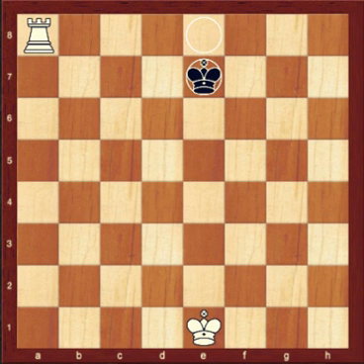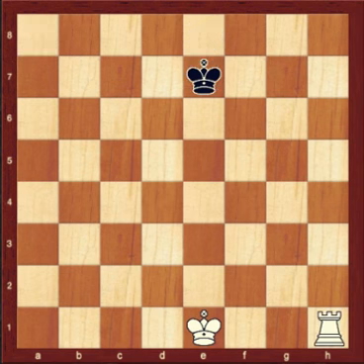Again, they don't have to be consecutive. It could be on move 50, move 60, and move 70 of the game. If the board setup is the same 3 times, it's draw by threefold repetition. The final type of draw that can occur is draw by the 50 move rule.